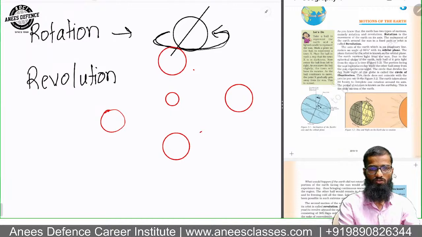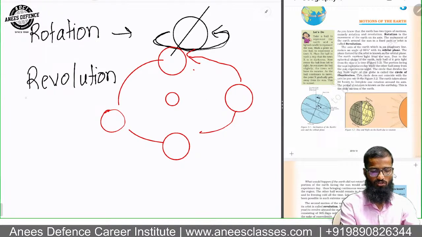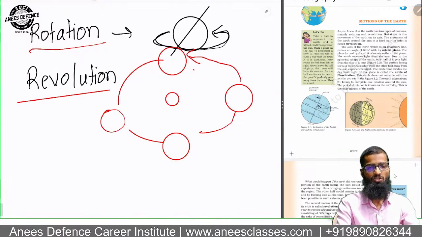So this revolution of earth around the sun is called revolution. So now you have two words, one is revolution and another is rotation. These two words are important. Do not confuse. Rotation is a simple word, which means the rotation of earth over its axis.